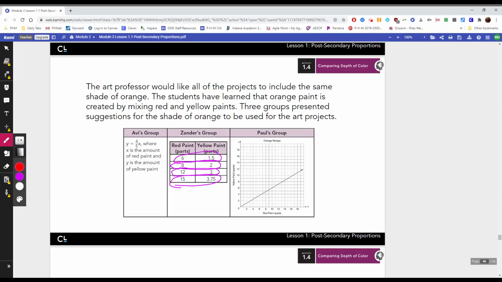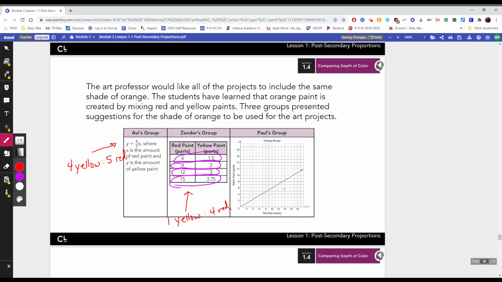So for Avi's group, that means 4 parts yellow to 5 parts red. For Xander's group, we had this 4 parts red, 1 part yellow. So if we just switch the order to stay consistent here, it'd be 1 part yellow to 4 parts red.